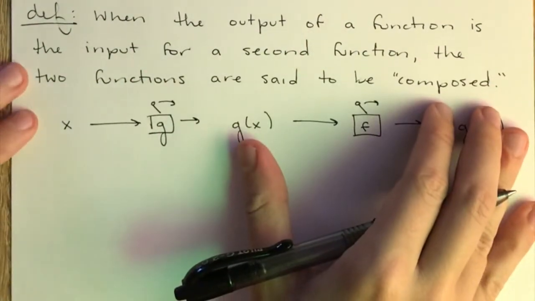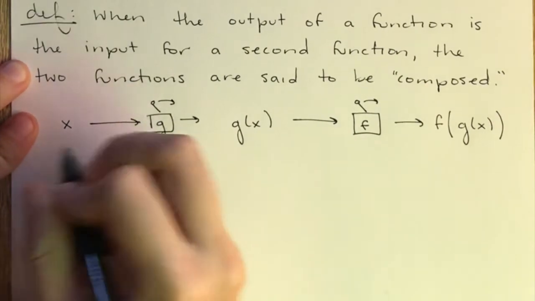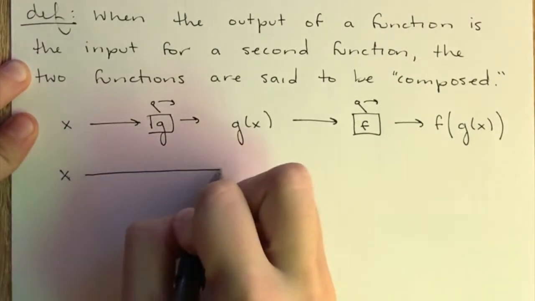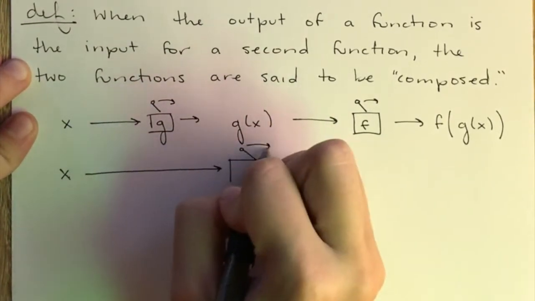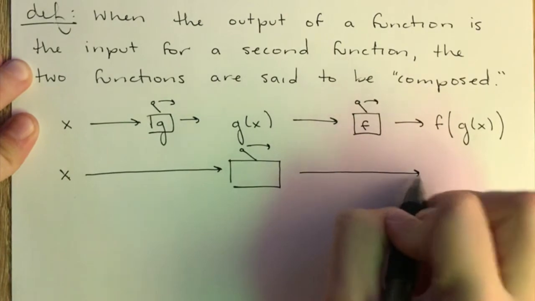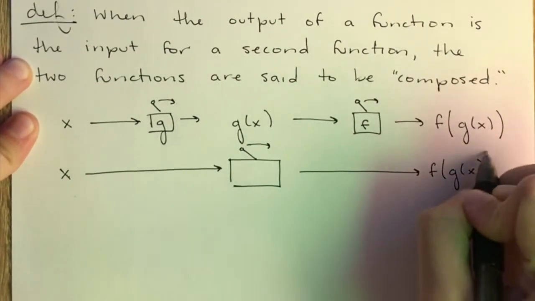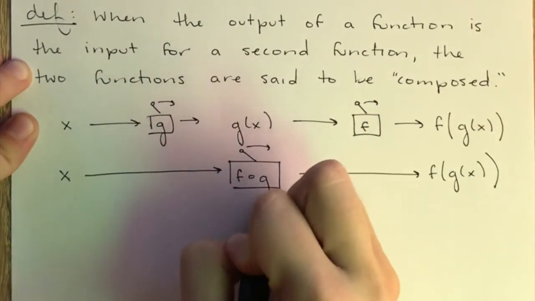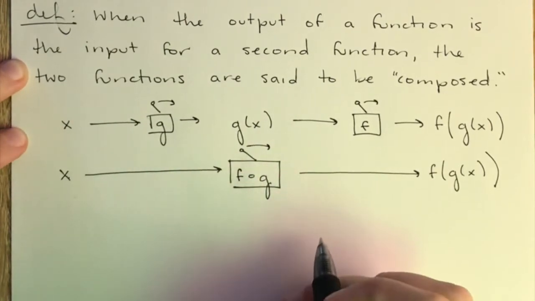We're going to give this function a name, as we do with all functions. The name of this function, that's going to take us straight from x to this answer, where we get f of g of x, is f circle g, a little open dot.